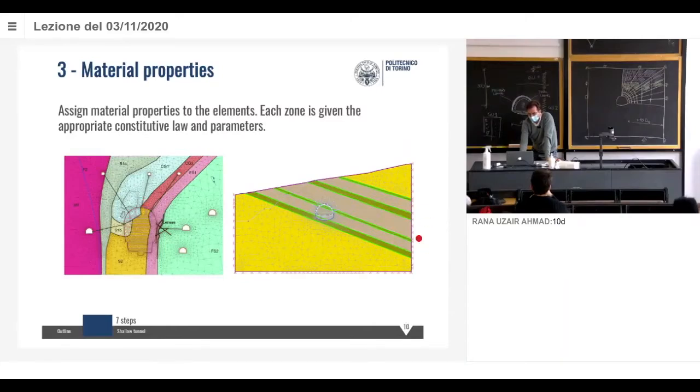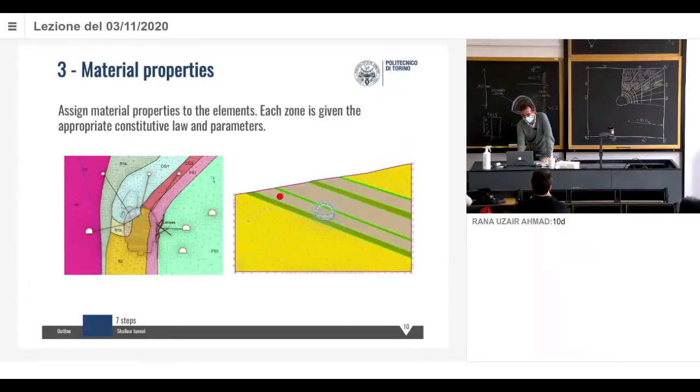And the same with this picture here, where we have a tunnel close to the surface, and you see that the geology shows an inclination of the soil layers, and this is a situation you can find in the field.